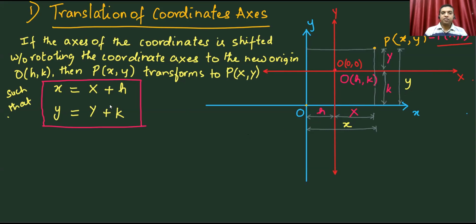Just by geometric observation, we can see that small x is equal to capital X plus h, and small y is equal to capital Y plus k. So this is the relation between the new coordinates and the old coordinates.